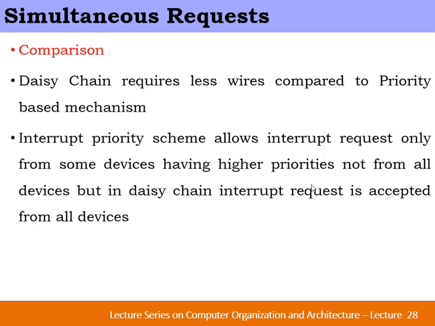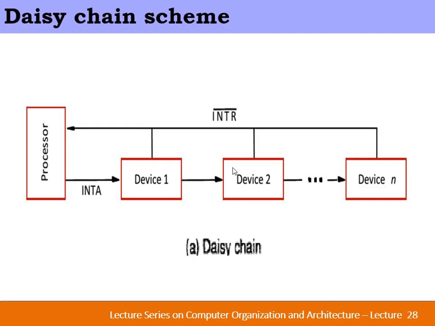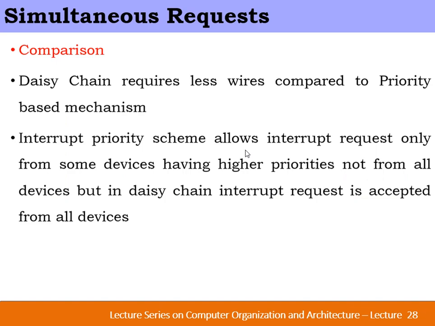Now let us make a comparison between the daisy chain mechanism and the interrupt priority mechanism. In case of daisy chain, if you refer to the figure, it requires fewer wires compared to the priority based mechanism.